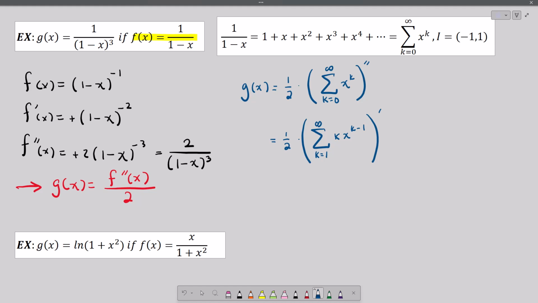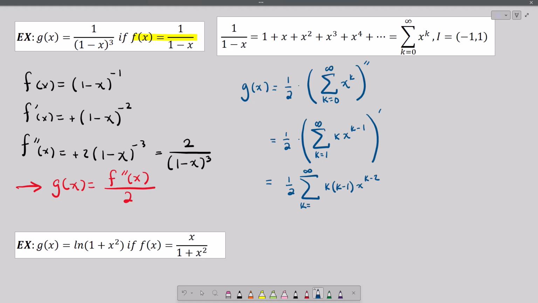Okay. Now, let's differentiate again. When we differentiate again, still going to go to infinity. K might start at a different value. Let's check. So we're going to bring the power down. So now we bring down the k minus 1. And we have x to the k minus 2. Once again, if we think about starting at 1, 1's not a good start value because it causes a -1 exponent.